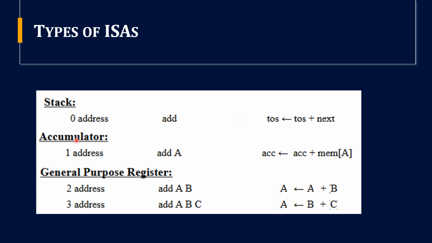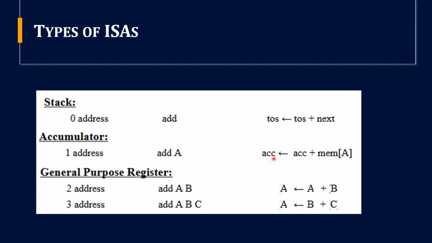Okay. The second type of ISA is the accumulator ISA, where one of the operands is stored implicitly in the accumulator. So it can also be called a one address instruction. Add A means the content of the memory location A is added with the content of the accumulator, and the result will be stored in the accumulator itself.